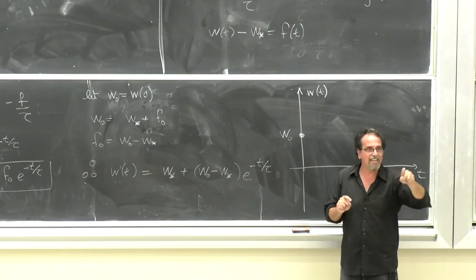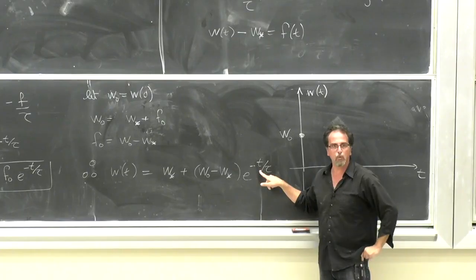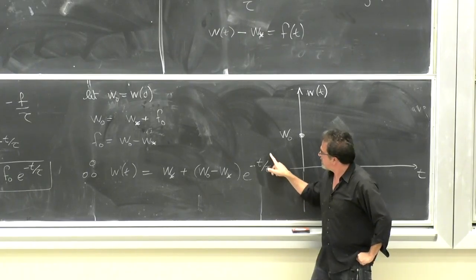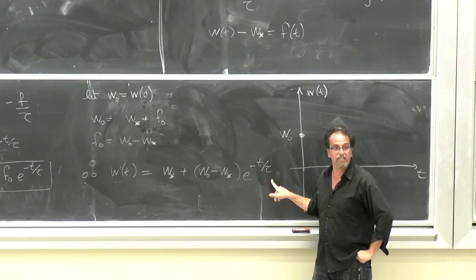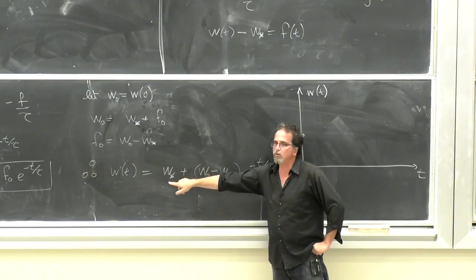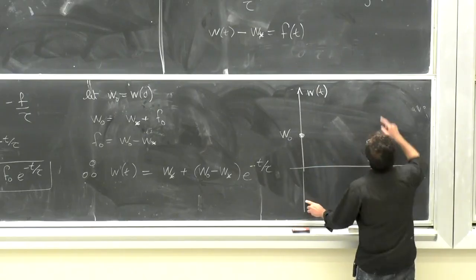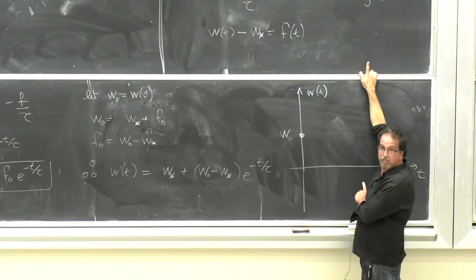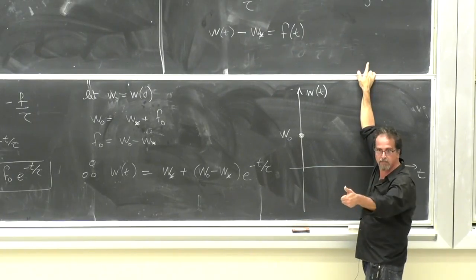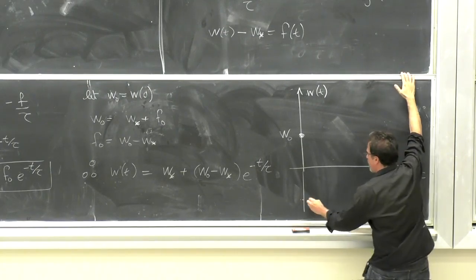Now, as t goes to infinity, your asymptote question, look what happens. This thing goes to 0 ridiculously fast. That means this whole term goes to 0. So you go to a value of velocity, which is w star. You asymptote to w star, and by definition, w star is negative because g is positive, it's 10 meters per second squared, and tau is positive. So this is a negative number.